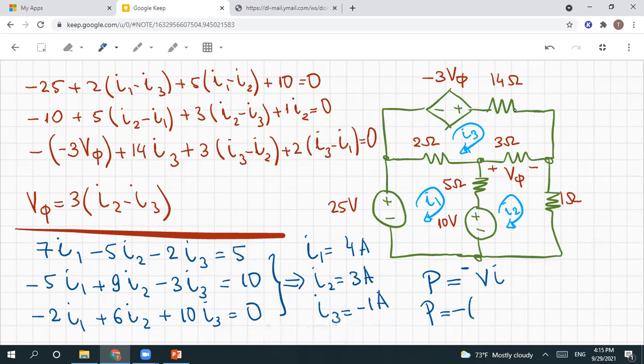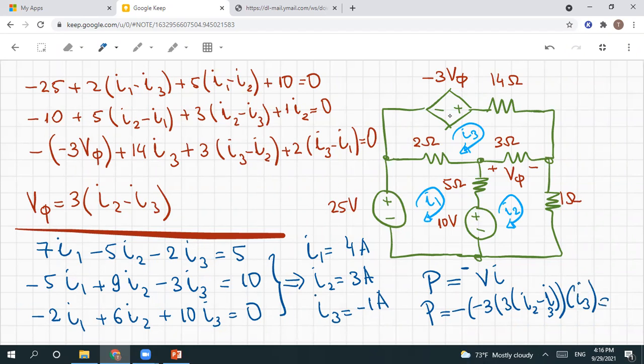So the voltage by itself is 3 V phi, and V phi is 3 times I3. So this is the voltage, and this is multiplied by the current, which is I3, multiplied by I3.